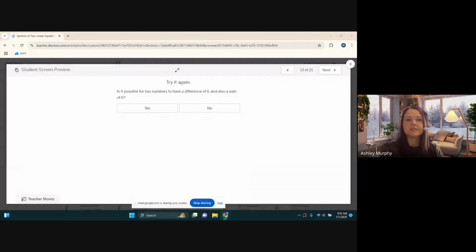And this time we're going to look for a combination of numbers that has a difference of 6, but it has a sum of 6 also. So if you subtract them, you get 6, but if you add them, you get 6 too. So do you think it's possible? Last time we said no, and we were able to find a combination of numbers with those requirements.